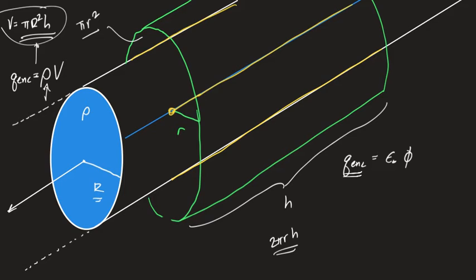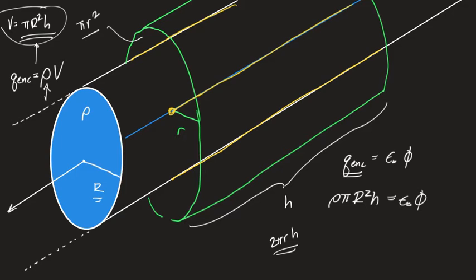Therefore, the amount of the charged cylinder inside my Gaussian surface has to be pi r squared h times rho, which gives us a charge. So this is going to be rho pi capital R squared h. And that must also equal epsilon times the flux. Whew.